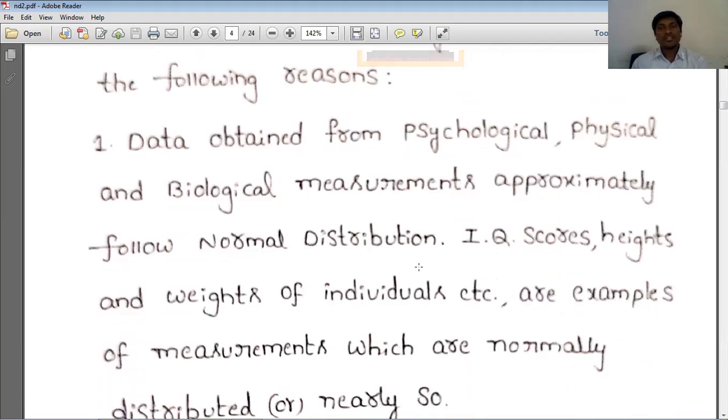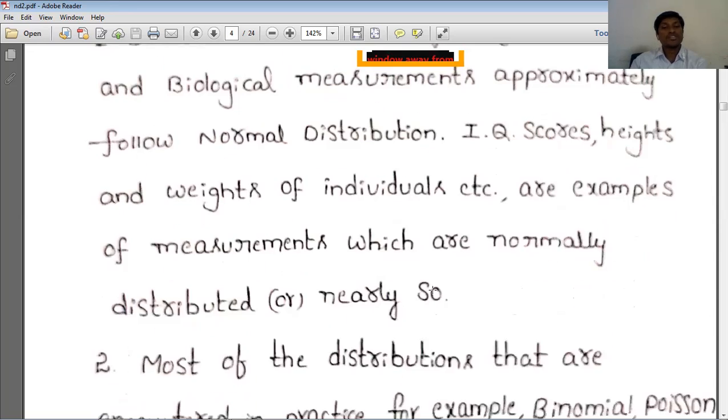So not only in one way: physically, biologically, in pharmaceuticals, and psychologically, in all those cases we use the normal distribution, like IQ scores, heights and weights of individuals, etc. So we can say that we can use the normal distribution.